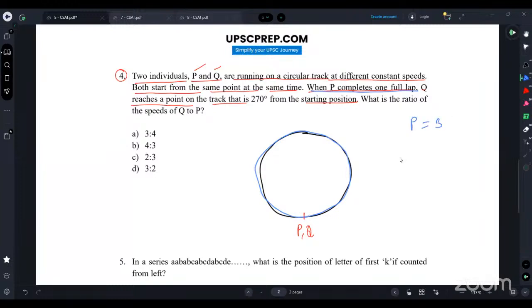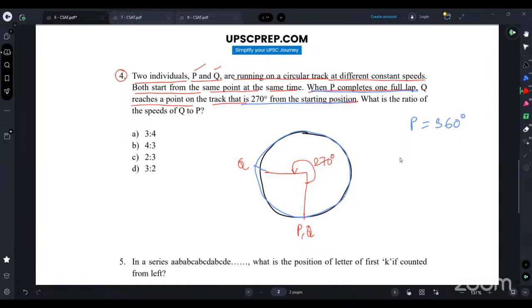P has covered a total of 360 degrees, right? And in the same time, Q has covered 270 degrees from the starting position. So basically, Q's position will be somewhere here, and they are talking about this angle. From the starting position, Q has covered this 270 degrees, right?